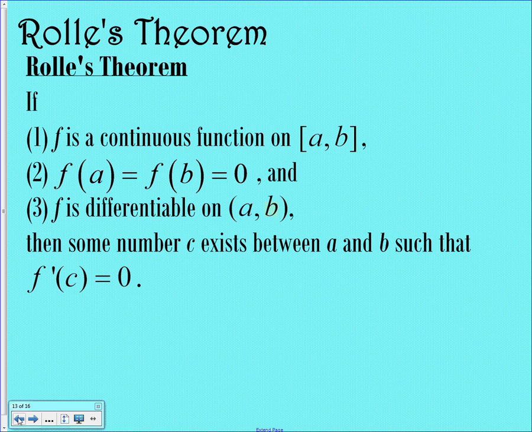Let's go to your homework really quickly. We'll look at number 9. It says, let the function be x squared minus 4x plus 3 on the interval from 1 to 3, and you want to confirm Rolle's theorem by finding c such that the derivative equals 0.